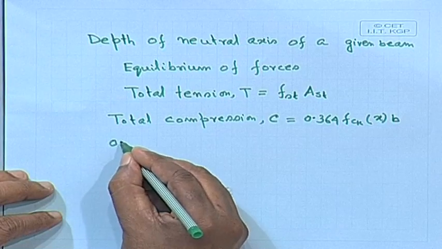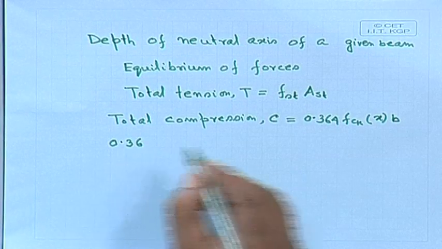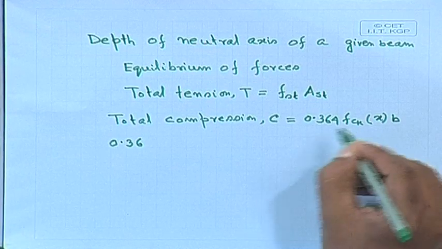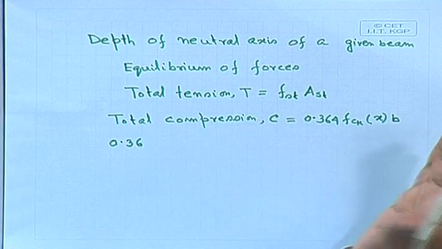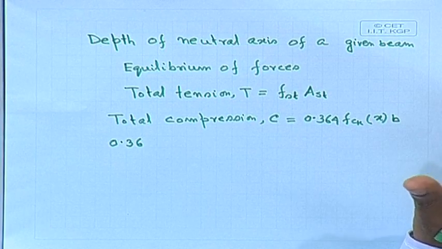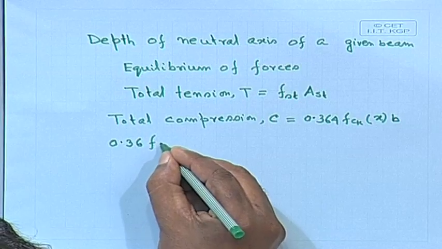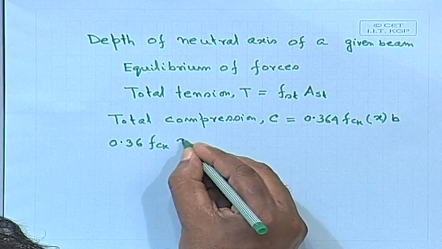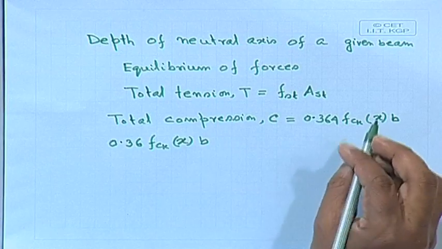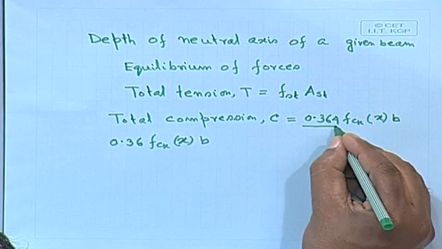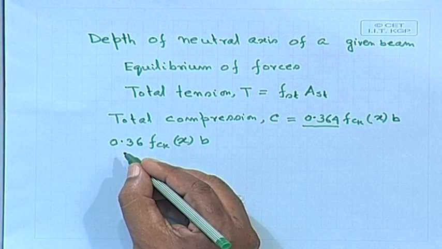Therefore, for the equilibrium case, instead of writing 0.364, we can also write 0.36. We can take it because that way we are estimating a little less. So let us take 0.36 FCK x b. Let me underline that we have noted down 0.364 and here 0.36. We are taking a little less value.